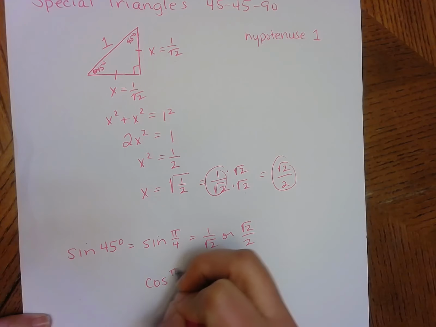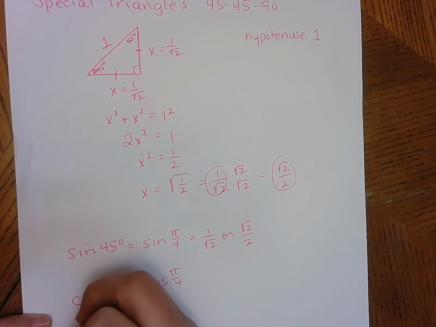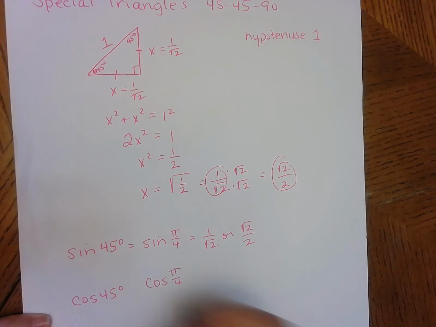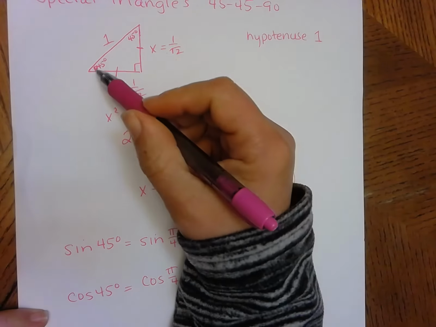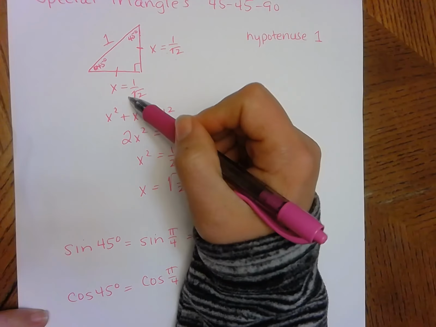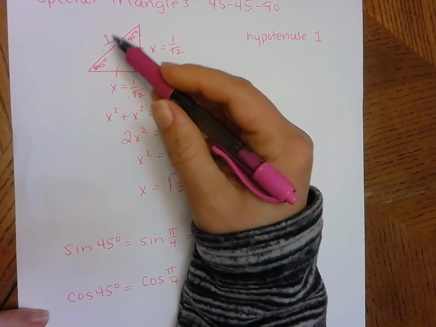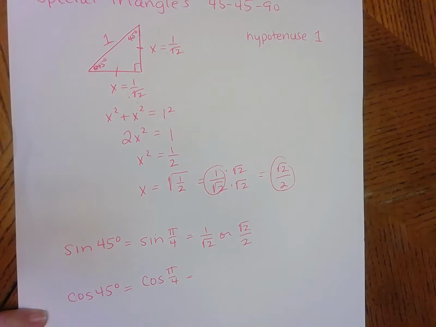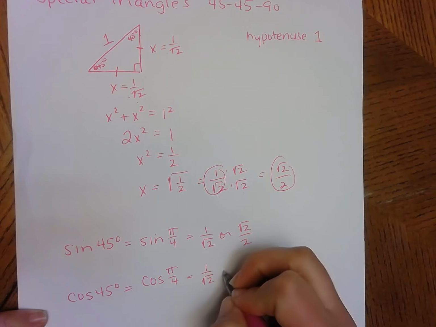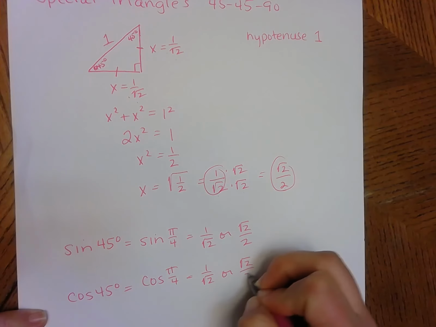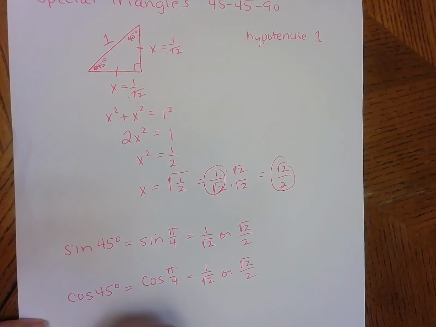Cosine of pi over 4, or the cosine of 45 degrees, is also, if I have this, my adjacent side is also 1 over the square root of 2, and then my hypotenuse is 1, so I just have 1 over the square root of 2 divided by 1, which is just 1 over the square root of 2, or of course, if you prefer, square root of 2 over 2.